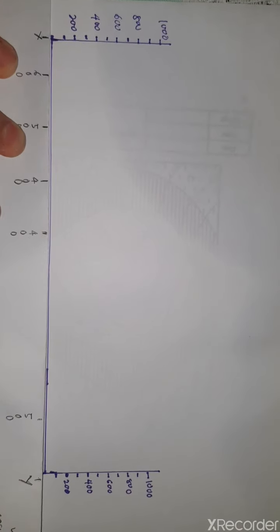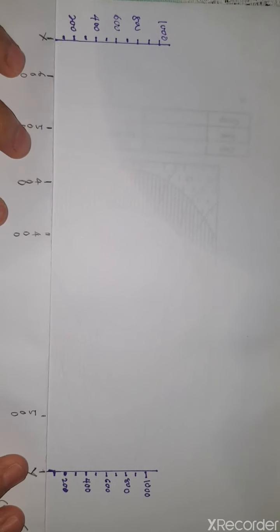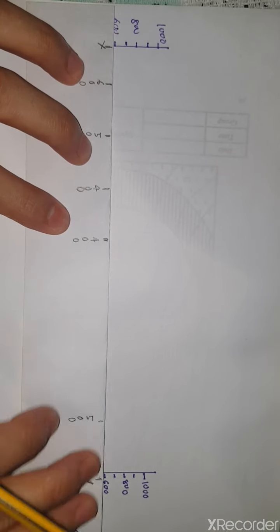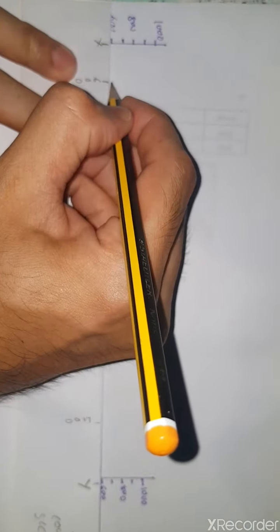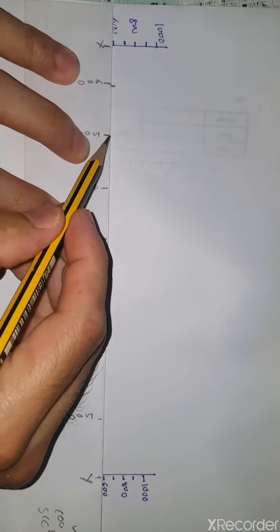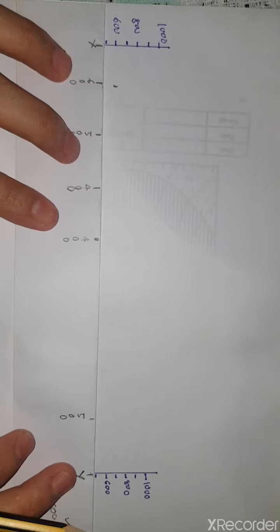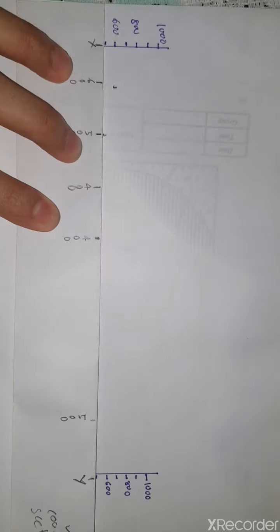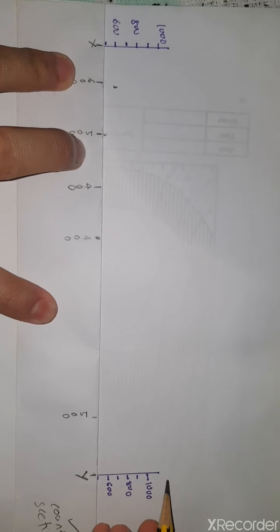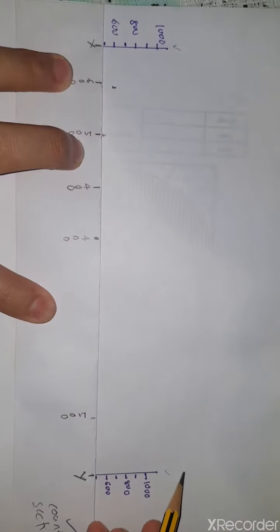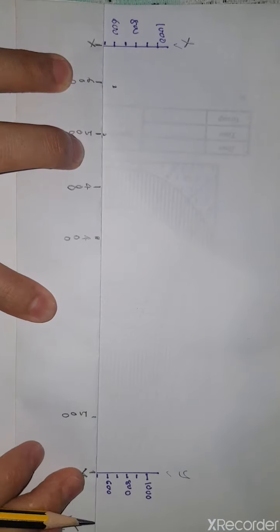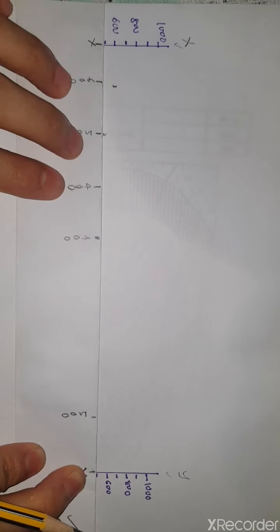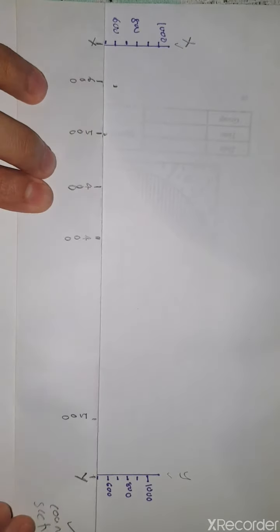So 600, the contour line of 600, is here, so just point it here. Then the 500 is here. You must know that this line and this line also represent the Y and X, so you must have a precise line of X and Y, because you want to plot the contour section.